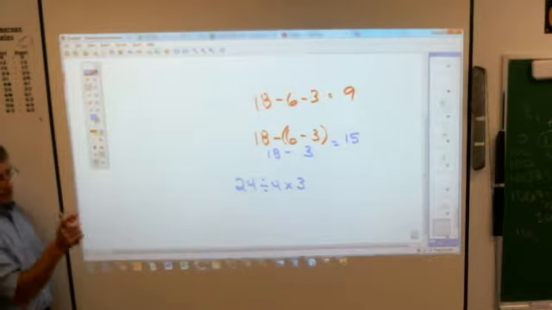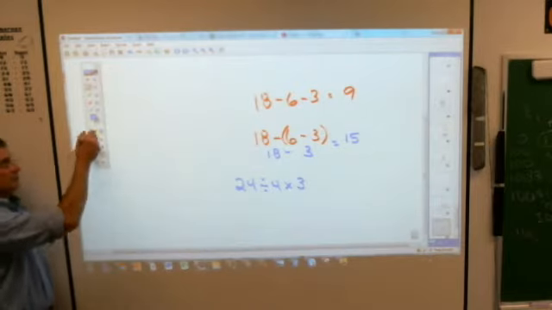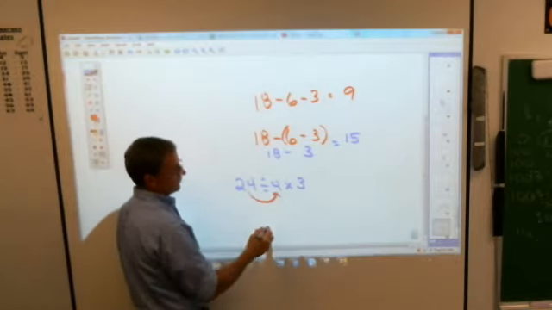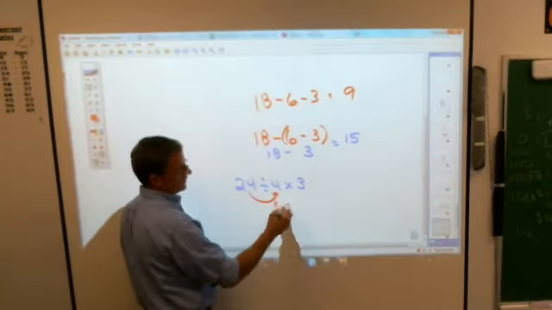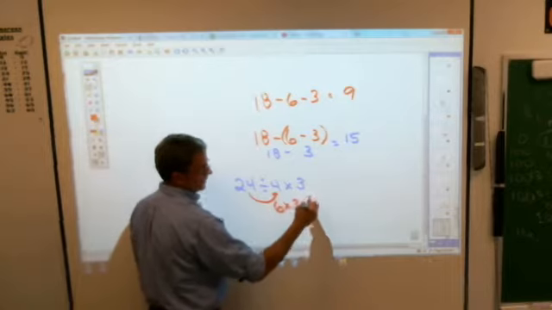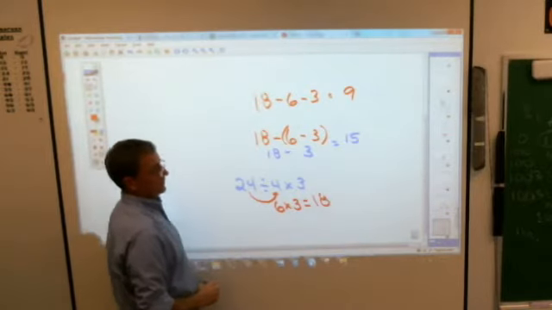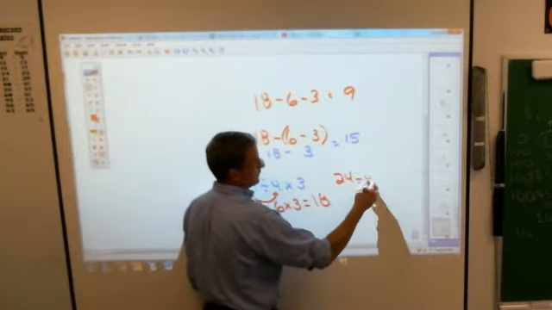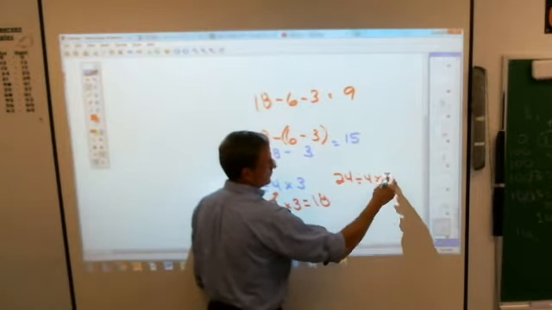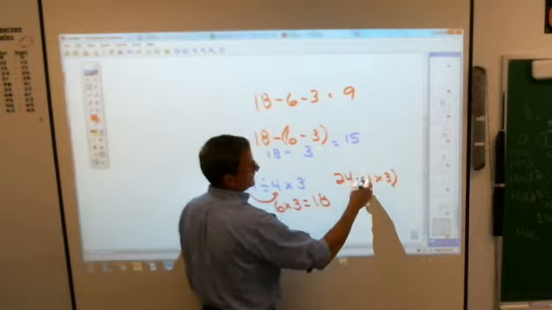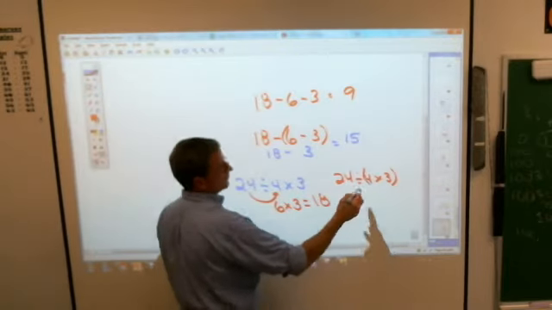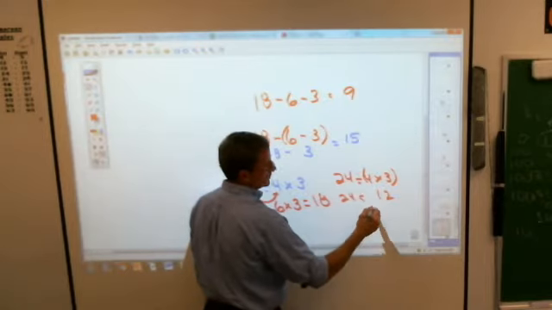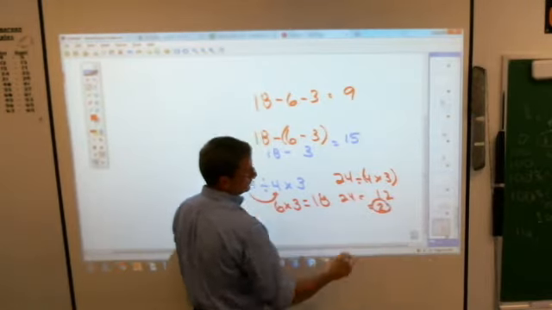Division and multiplication fall on the same level, and you have to do it from left to right. So you go 24 divided by 4 first, which is 6, and then 6 times 3 is 18. The only thing that would make that different is if you saw 24 divided by (4 times 3), with the 4 times 3 in parentheses. Then yes, by all means, you can do 4 times 3 is 12, and 24 divided by 12 is 2.